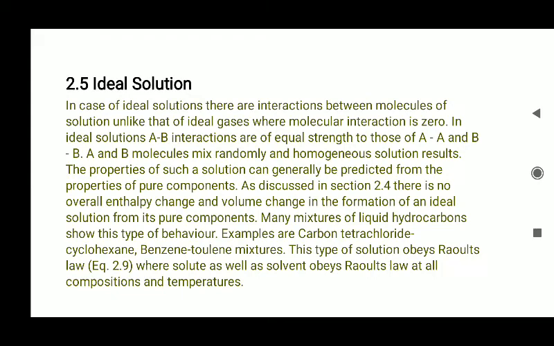There is no overall enthalpy change and volume change in the formation of an ideal solution from its pure components. Many mixtures of liquid hydrocarbons show this type of behavior, for example carbon tetrachloride and cyclohexane, benzene and toluene mixture. This type of solution obeys Raoult's law, where solute as well as solvent obey Raoult's law at all compositions and temperatures.